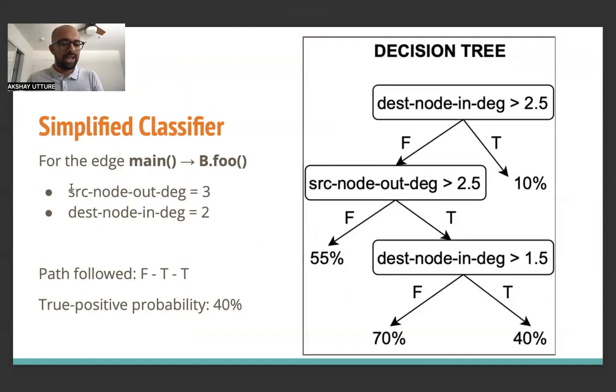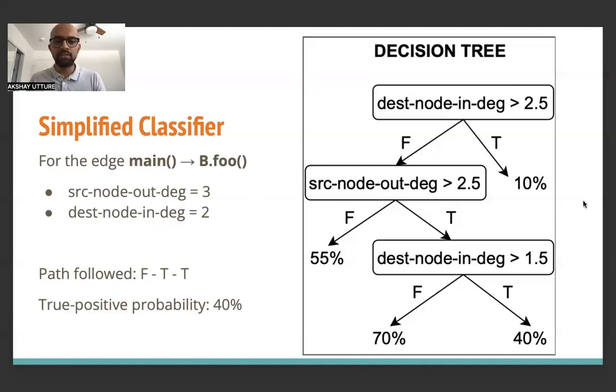Now that we have the source node out degree and the destination node in degree, we can start at the root node and follow a path based on the conditions in each node. In this case, we would trace the path false, true, true, and end up with a 40% probability for the edge from main to b.foo being a true positive.